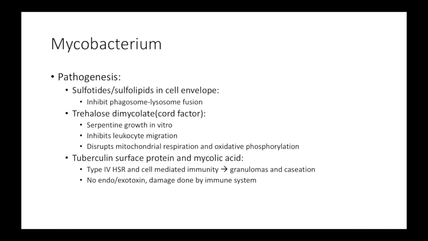Okay, so a little bit about its pathogenesis. Mycobacterium has some important things that we need to look at. In the cell envelope, there are things called sulfatides or sulfolipids, and these are important for inhibiting phagosome-lysosome fusion.